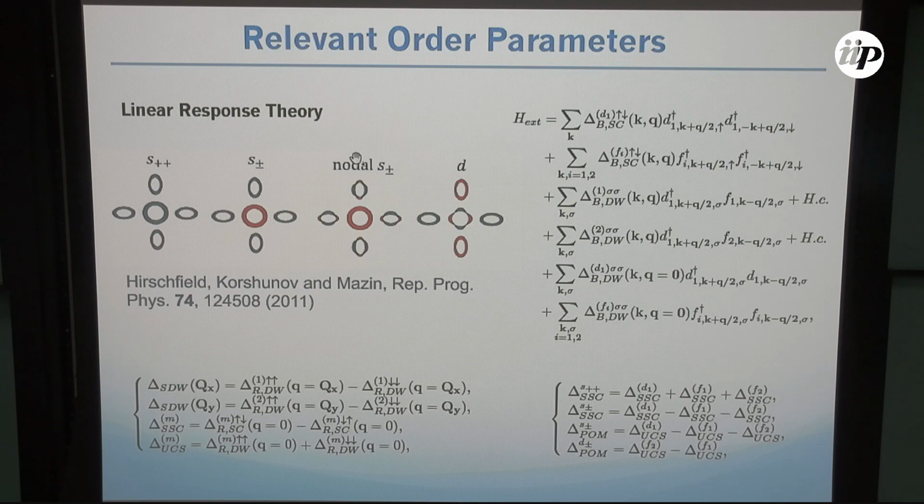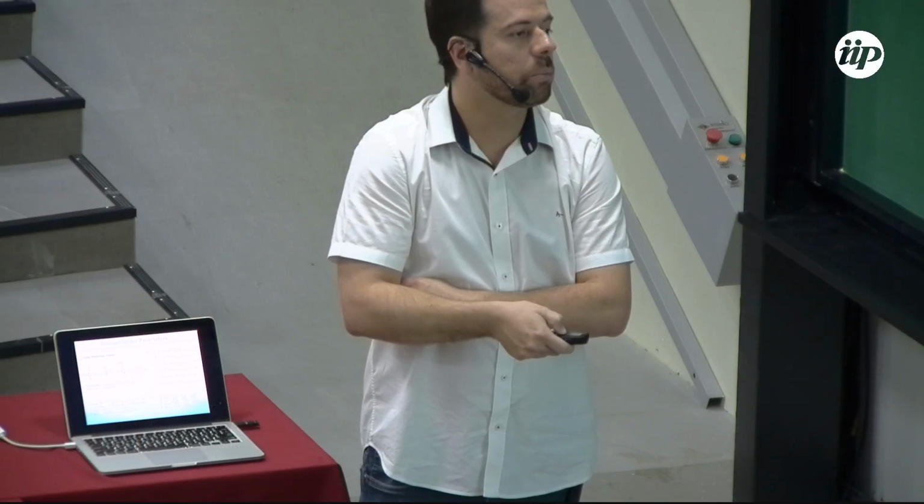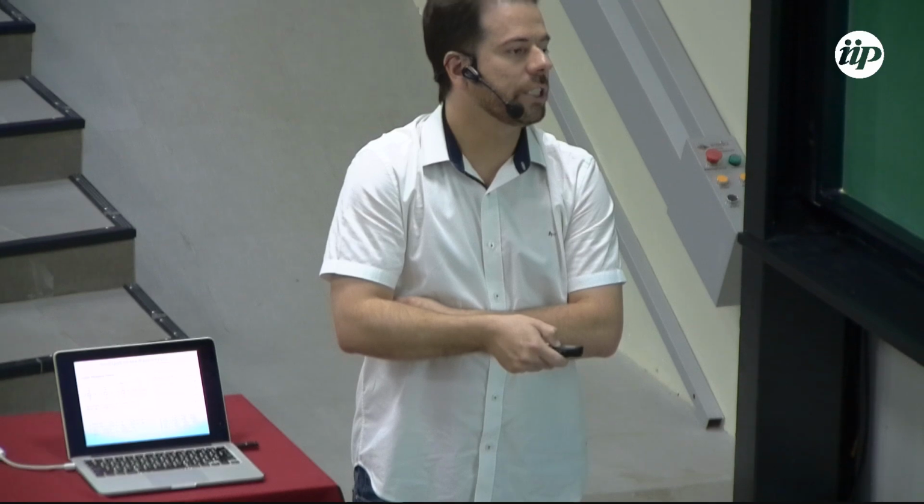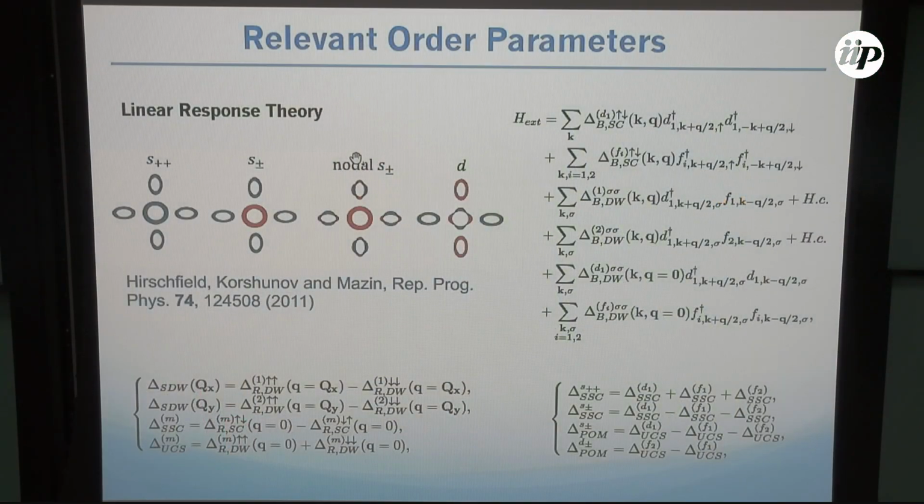So the next step, we move on to calculate the linear response theory. We can calculate many order parameters in this model, and here I just show you some relevant ones. This is an SCW order parameter with a modulation described by Qx, and this is SCW with a modulation described by Qy. This is singlet superconductivity, and UCS stands for uniform charge susceptibility.